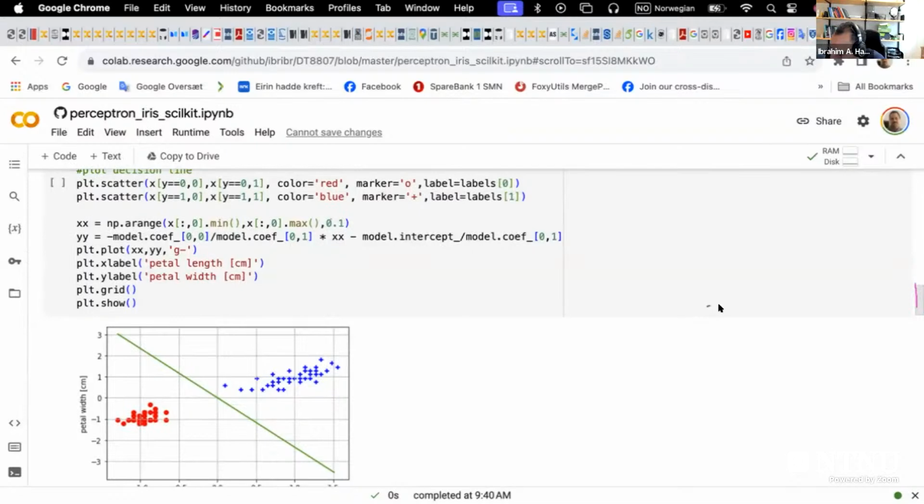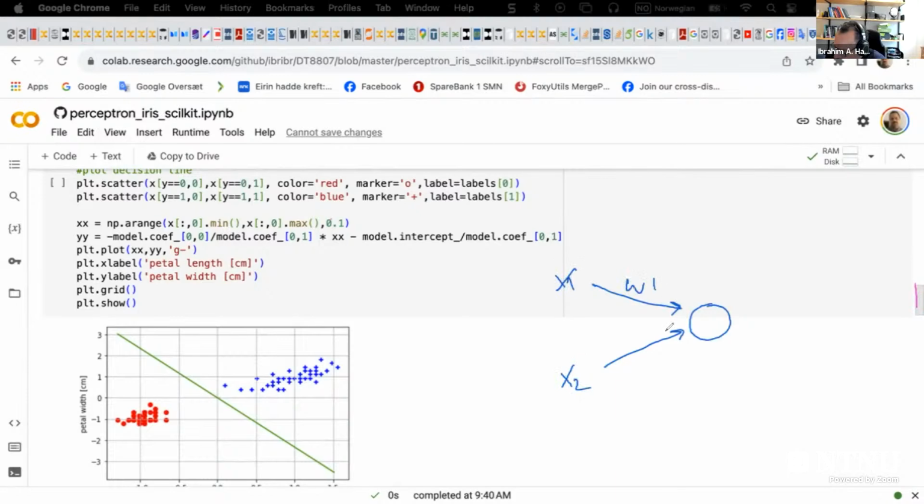Again, this is my perceptron, and my perceptron has 2 inputs, beta length and beta width. I will call them x1 and x2. They are connected by omega 1 and omega 2, and we have here something we call bias. We will take the weighted sum, and after that we apply it to my activation function, the step function, which gives y predict.